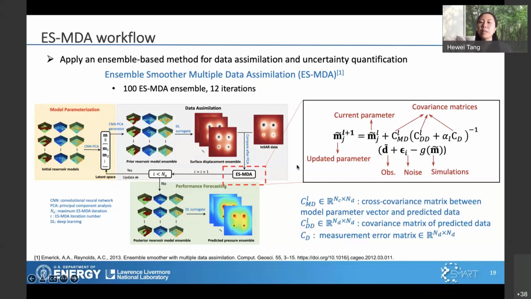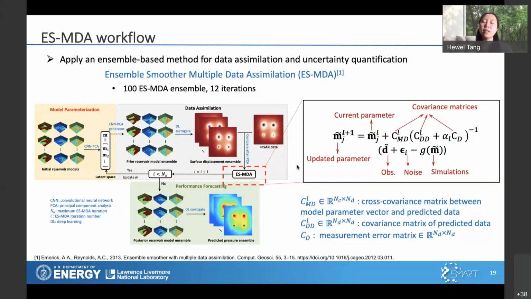It's mainly famous for its capability to match the history data well, since it can update the parameter space for several iterations based on the perturbed observation data.